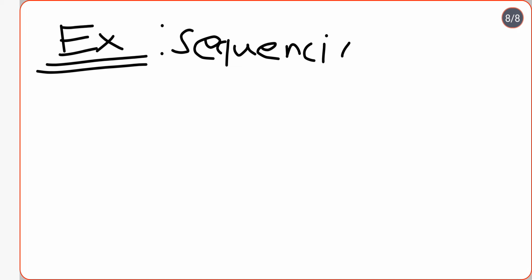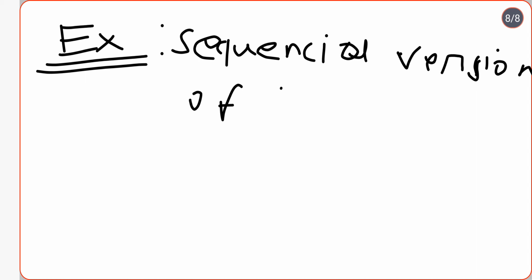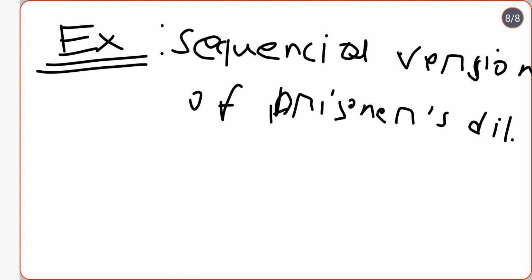In the earlier form, the prisoner's dilemma was represented by a matrix. Now we are going to take the prisoner's dilemma represented in a sequential version.